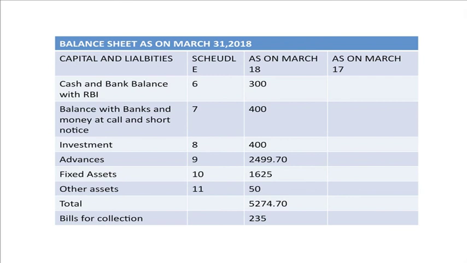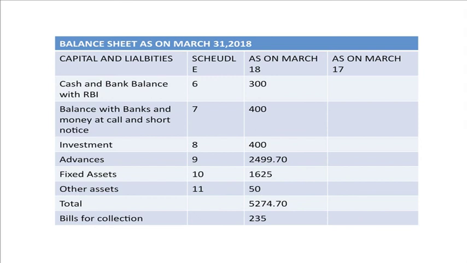Investment schedule 8, we have placed the value as 400. Advances schedule 9, this aggregate value 2499.70 is net of adjusted provision of advances. So, from advances we have deducted provision of advances, and this final amount is being reflected over here.